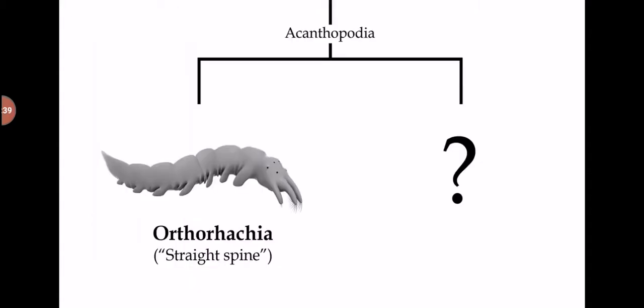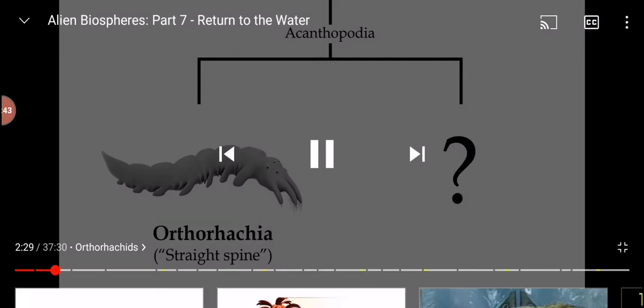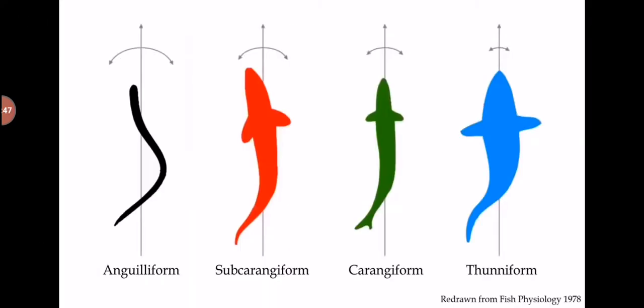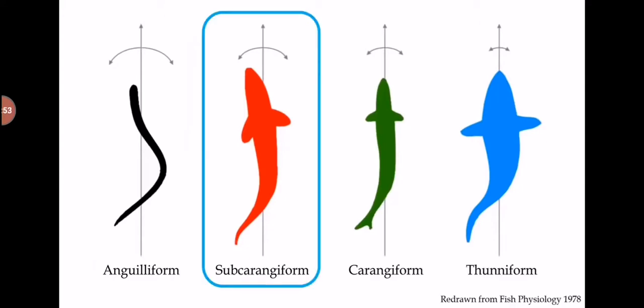So as the acanthopods diversify to fill the countless nectonic niches, it's likely that many clades will evolve to become faster. One way to increase swimming speed is to concentrate the lateral movements towards the posterior end of the body. Subchorangiform swimmers only use the rear 2/3 of their bodies to generate thrust, keeping the anterior third comparatively still.